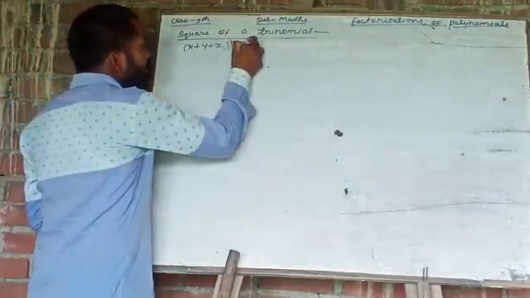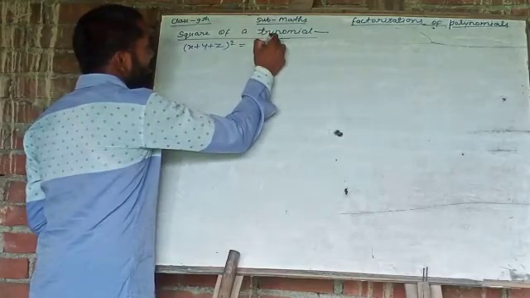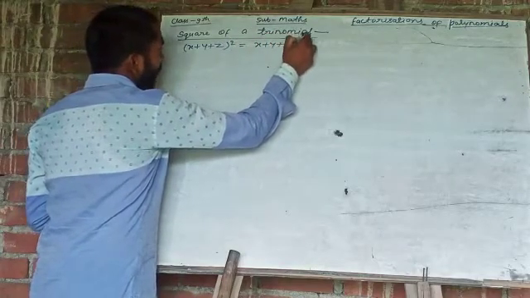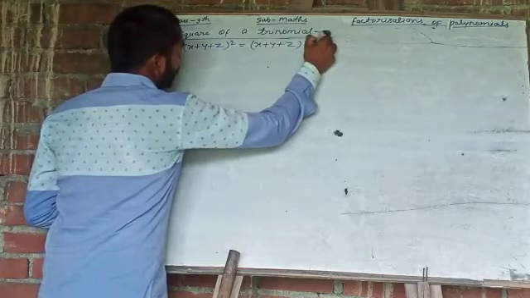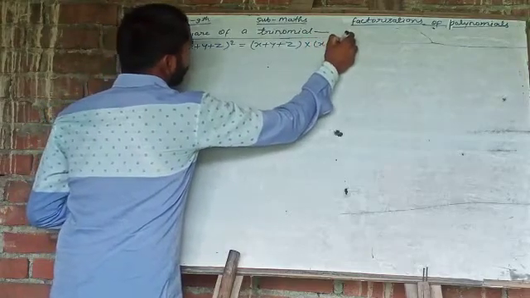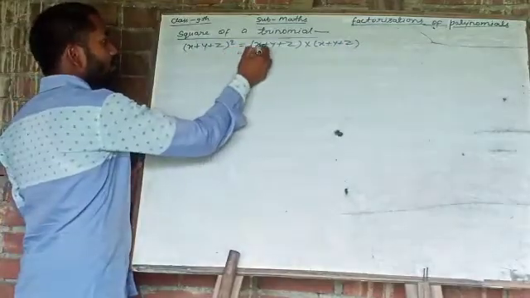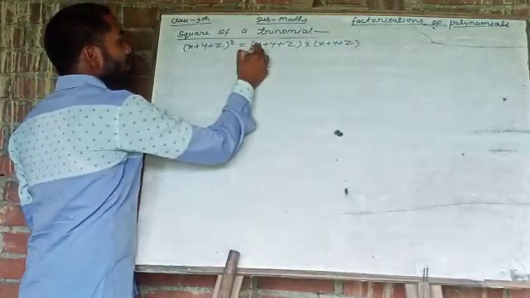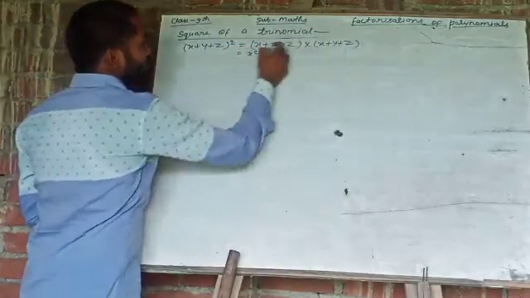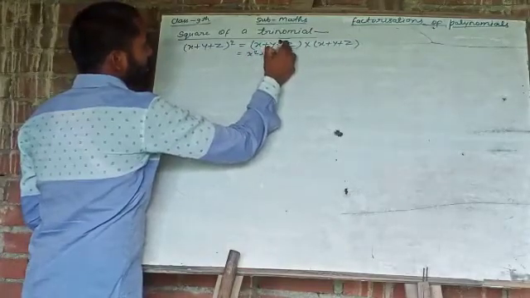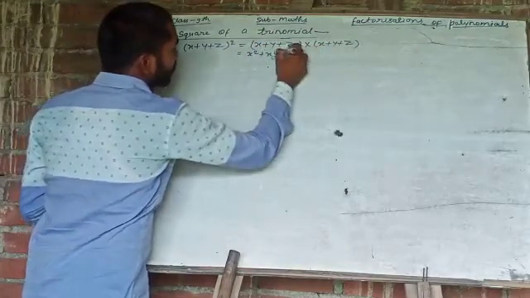x plus y plus z whole square means x plus y plus z multiplied by x plus y plus z. Now, x into x will be x square. This one will be xy, and this one will be x into z, zx.